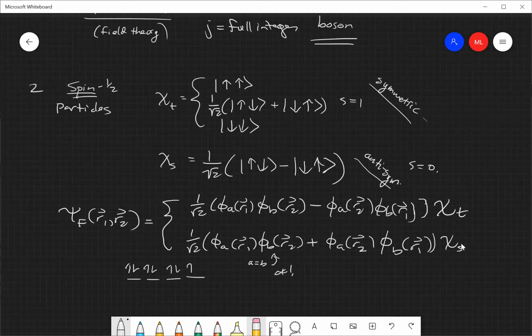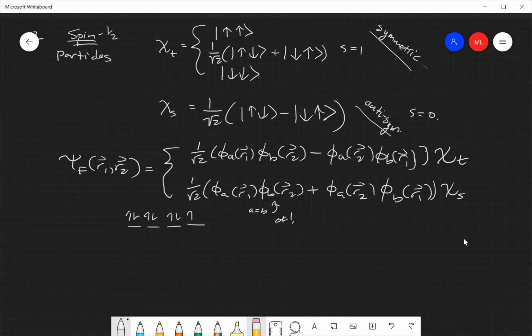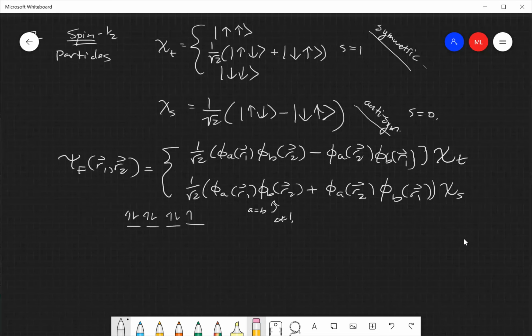So let's see, what else? You can think about, this has consequences for the orbital angular momentum as well, because something to notice is the P12, the particle relabeling operation. What will it do?